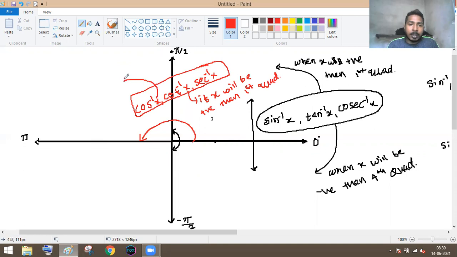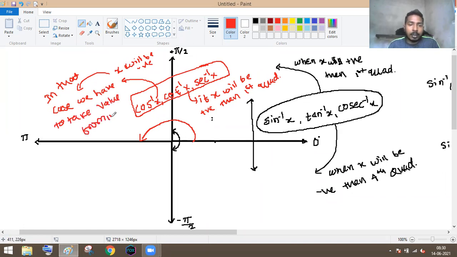But let's assume that x is negative. In that case, we have to take the value from the second quadrant. Are you clear with this?